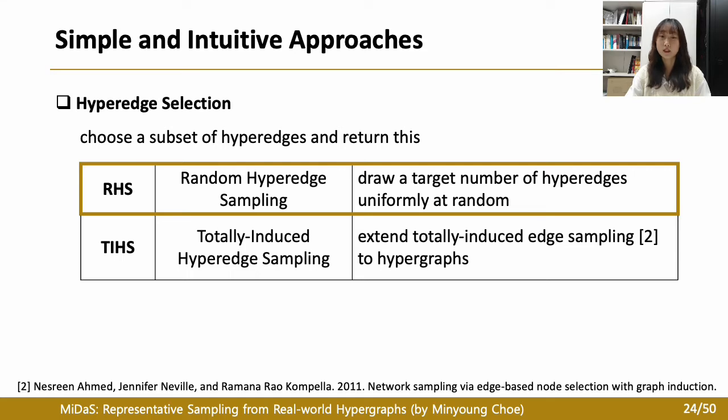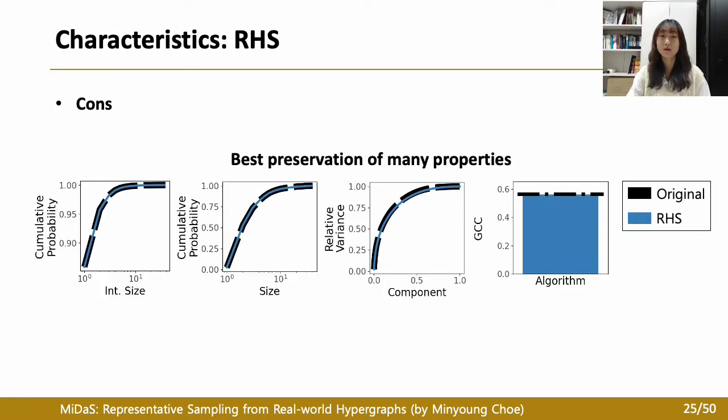For the hyperedge selection, we first try simply drawing a target number of hyperedges uniformly at random. We refer to it as RHS. This approach preserves the hyperedge level statistics nearly perfectly, in addition to connected component sizes, relative singular values, and global clustering coefficients.